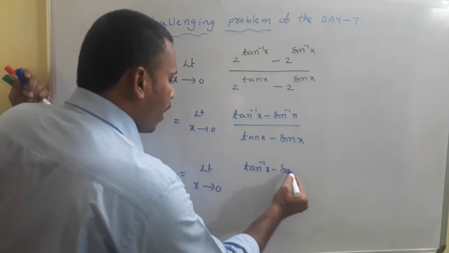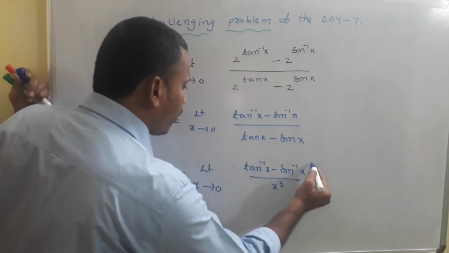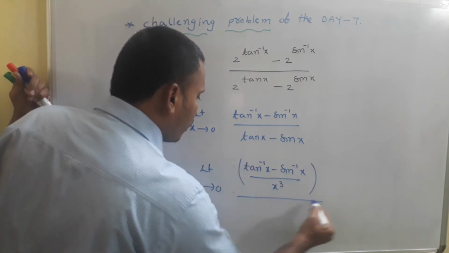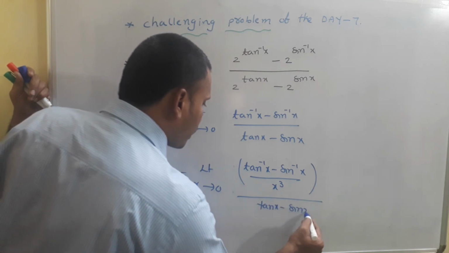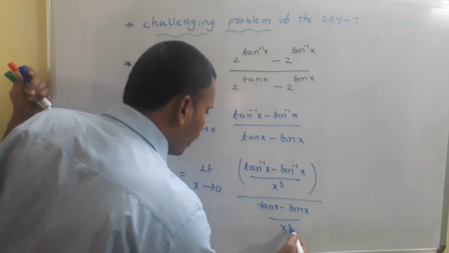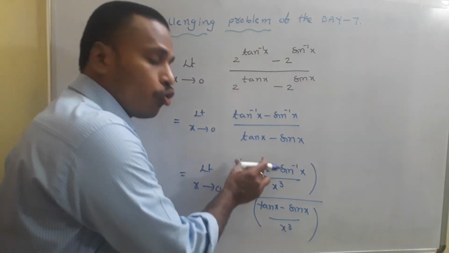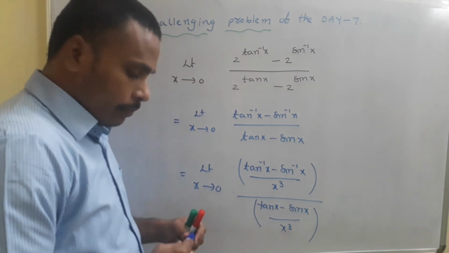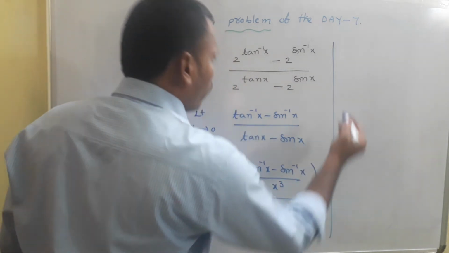So now I am rewriting it like this: tan inverse x minus sin inverse x divided by x cube, and that whole thing is divided by tan x minus sin x divided by x cube. Now you just apply this limit for both numerator and denominator.